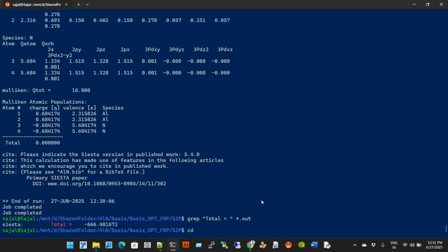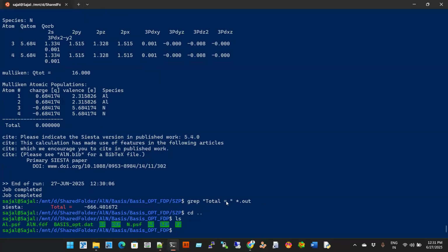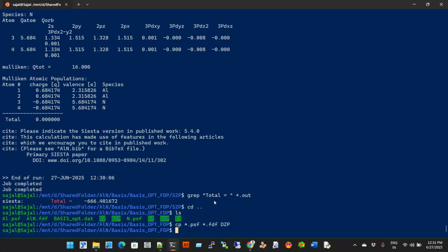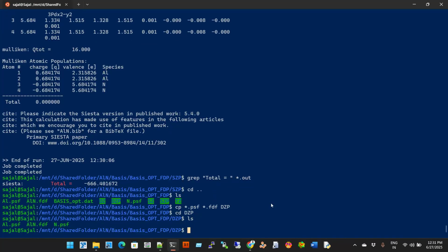Then we have to go to the previous folder. We have to copy the PSF files and the FDF file to the DZP folder. Again, we have to change the FDF file.